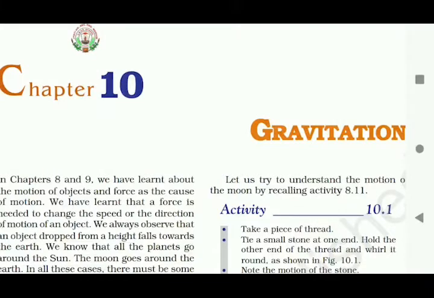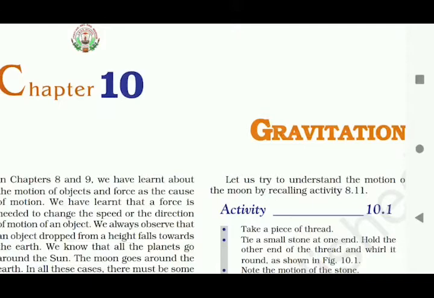So, what is acceleration due to gravity? The earth attracts every object towards its center with a force. This is called acceleration due to gravity and is denoted by small g. Why is there a variation in the value of acceleration due to gravity?